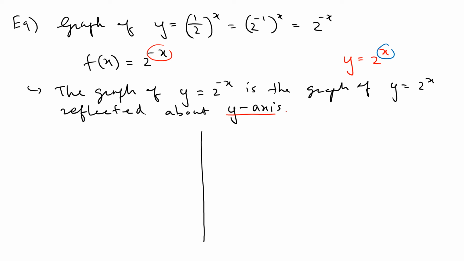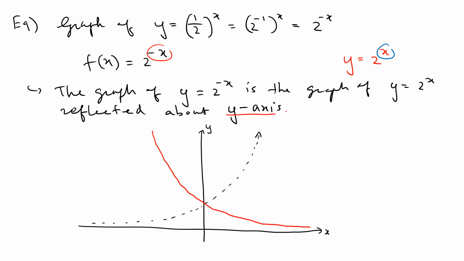So we start with the graph of 2^x. It has a graph like that, passes through 1, and goes like that. Then we reflect this graph about the y-axis, and you get this one. So this is the graph of y = 2^(-x), because it's just a reflection about the y-axis.